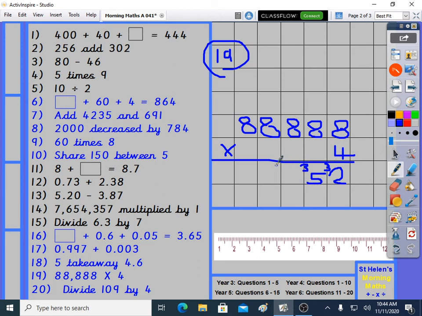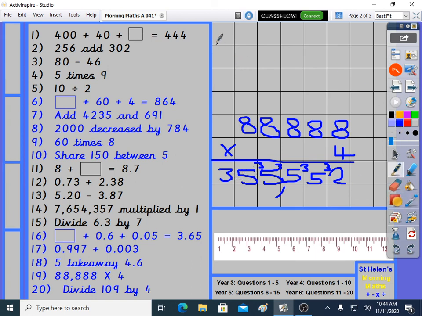Again, 4 times 8 is 32 plus 3 is 35, each time. 355,552. Okay. Can't think of a great way of checking that, so I'll just check my times tables, which is not too hard to do. Check I've added the extra 3 each time.